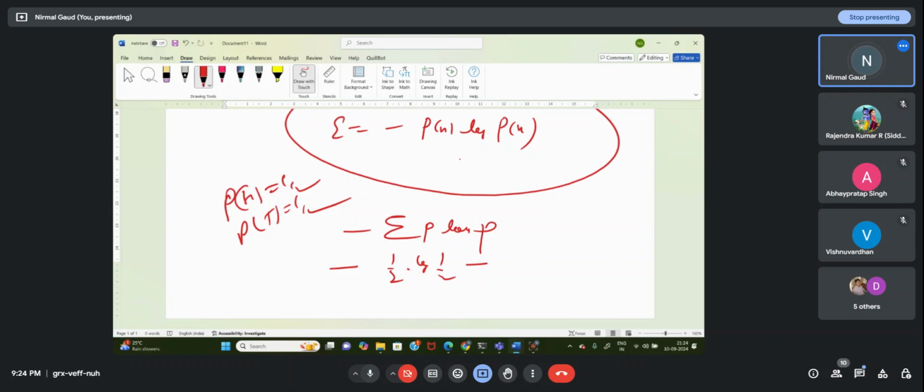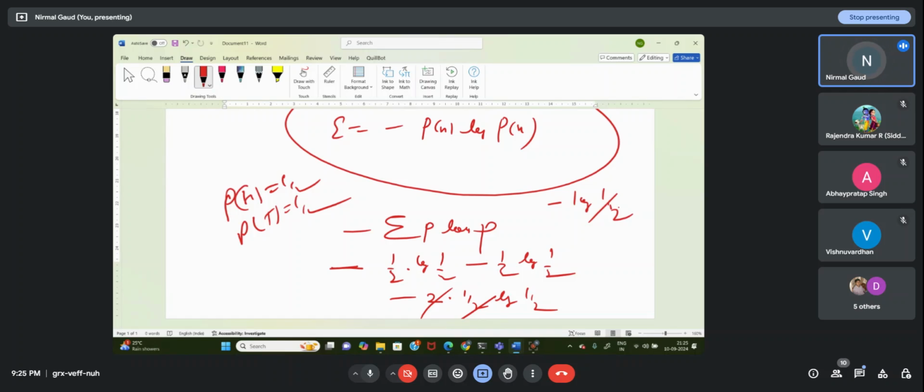So minus 1 by 2 log of 1 by 2 minus again 1 by 2, that is the probability of tail, log of probability of tail. Okay, so minus 1 by 2 log of 1 by 2 minus 1 by 2 log of 1 by 2, that will be 2 into 1 by 2 log of 1 by 2 minus लगा दो. 2 से 2 get cancelled. So the answer is minus log of 1 by 2. ये आंसर है.